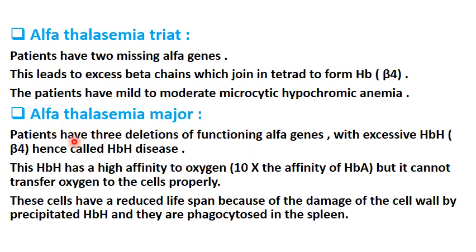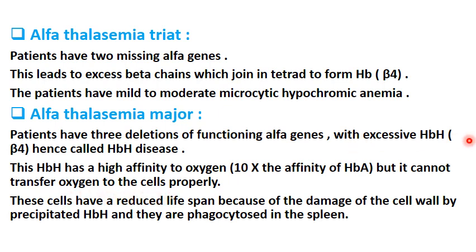Here we are coming to alpha thalassemia major, when we have deletion of 3 functioning alpha genes with excessive hemoglobin H, beta 4. So it is called hemoglobin H disease. This hemoglobin H has high affinity to oxygen, 10 times the affinity of hemoglobin A, but it cannot transfer oxygen to the cell properly.